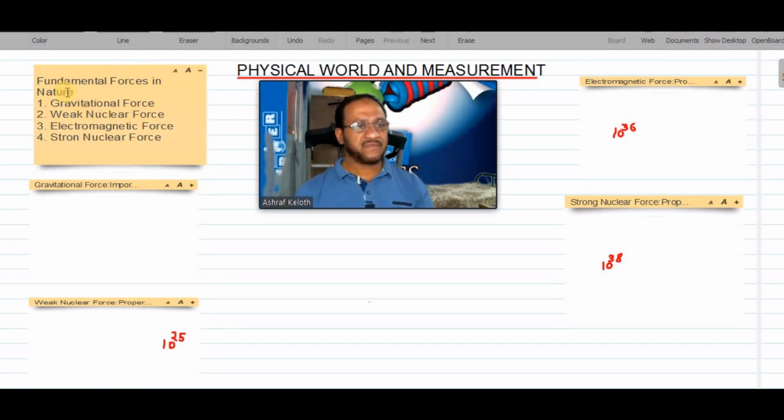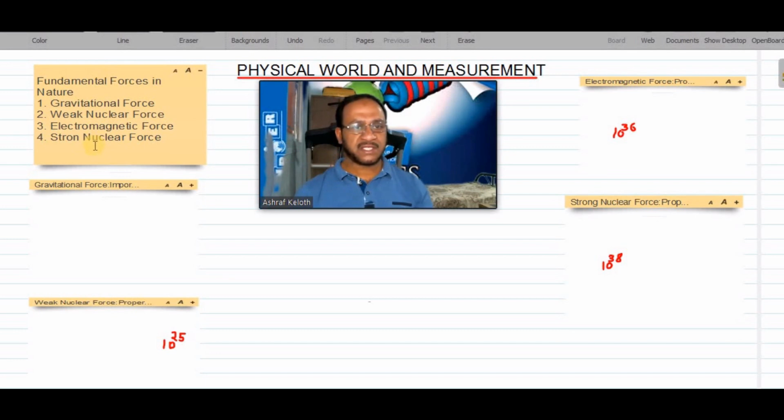Now, the first fundamental force in nature is gravitational force. You know Newton's law of gravitation: every body in the universe attracts every other body with a force which is directly proportional to the product of their masses and inversely proportional to the square of the distance between them. And we got an equation, F is equal to G m1 m2 by r square.